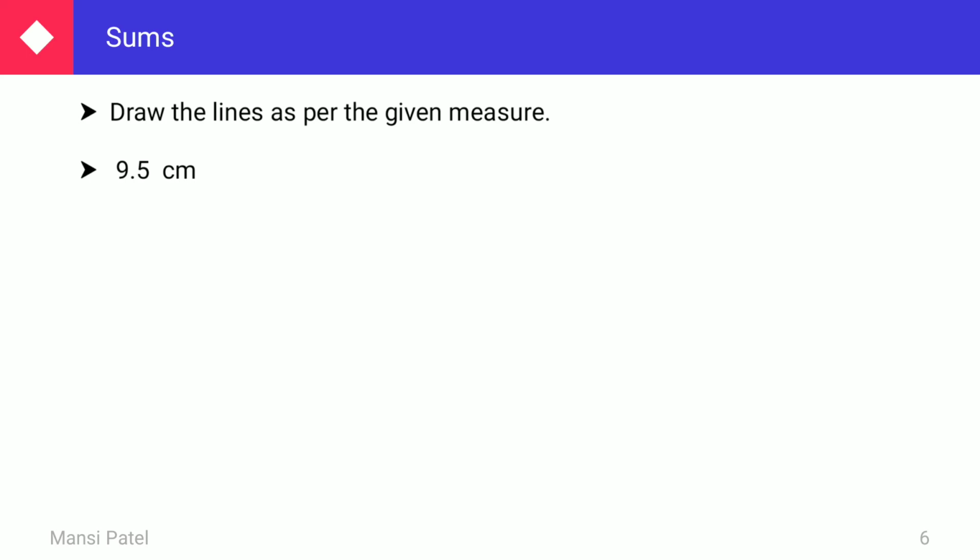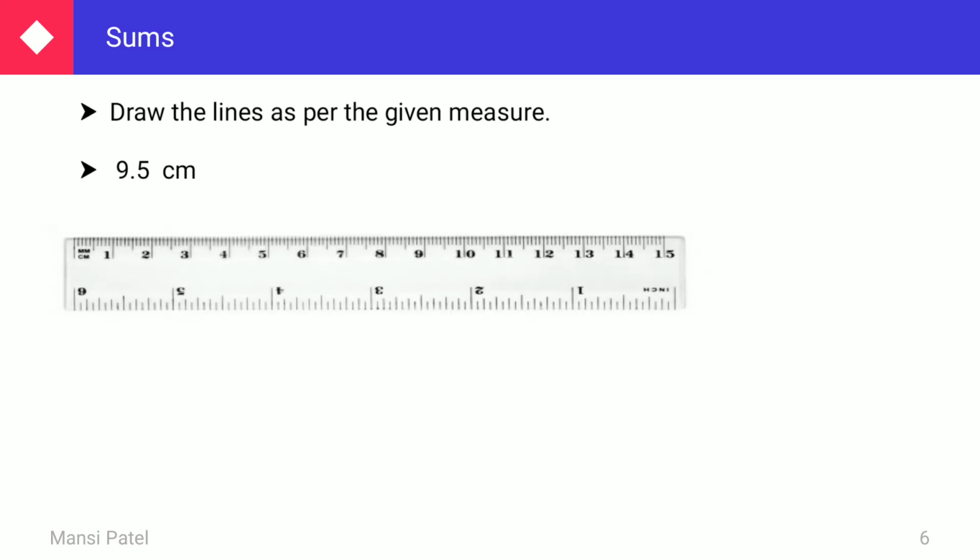So again take one scale. 9.5 means what? Here you have to draw one line of 9 centimeter and 5 millimeter. Now where do you find this? See here, your starting point should be 0. So first you draw from 0 to 9, because before the point they gave 9.